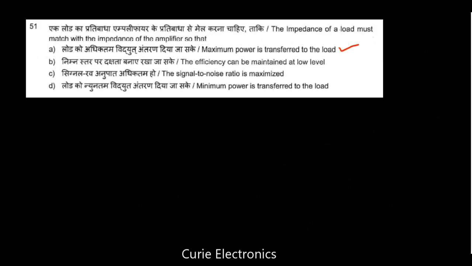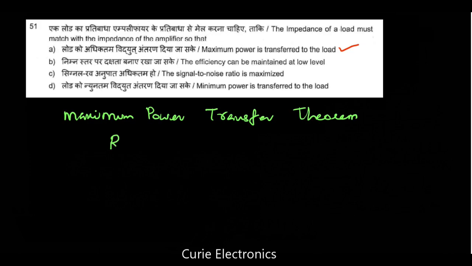Let's study a little bit about the maximum power transfer theorem. As per this theorem, the maximum power will be transferred from the source when the source resistance R equals the load resistance RL.